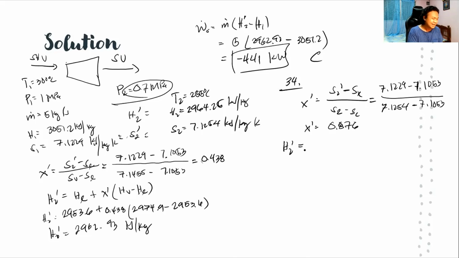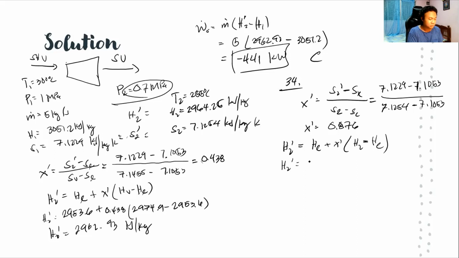The isentropic enthalpy. So the same formula, but let's write the formula. X prime, then H2, this is H2 minus HL.